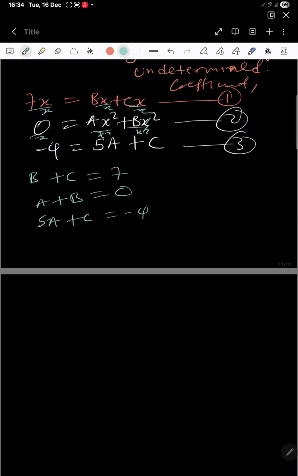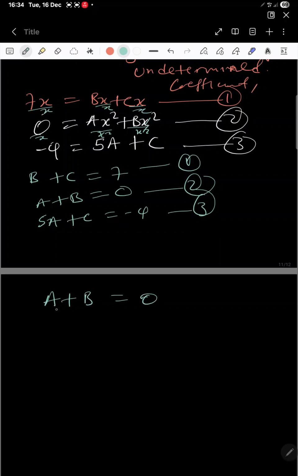So I can start by getting equation 2. So equation 1, equation 2, equation 3. If I get equation 2, I have a plus b is equal to 0. So if I make a the subject of the formula, we are going to have a is equal to negative b. Then we go to the third equation, where there is a, we put negative b.